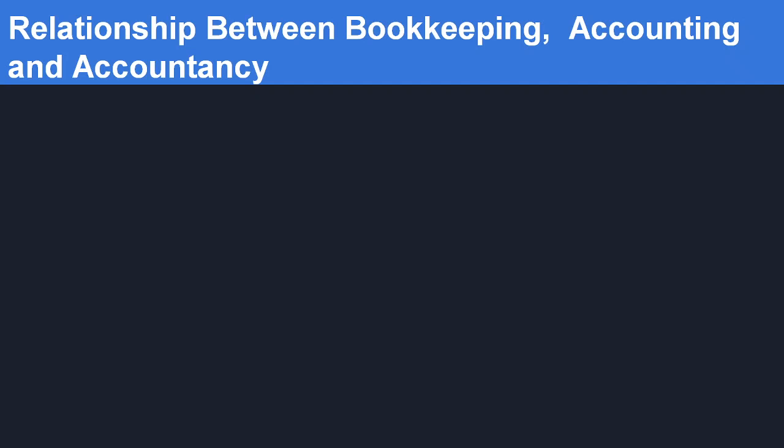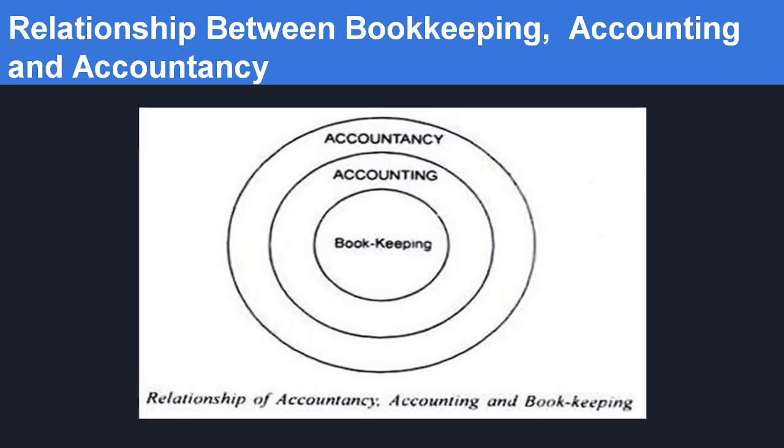Let's have a look at the relationship between bookkeeping, accounting, and accountancy. As I've already told you, bookkeeping is a part of accounting and accounting is a part of accountancy. So accountancy is the subject matter. It is the knowledge base through which accounting is done, and accounting is done by doing bookkeeping.